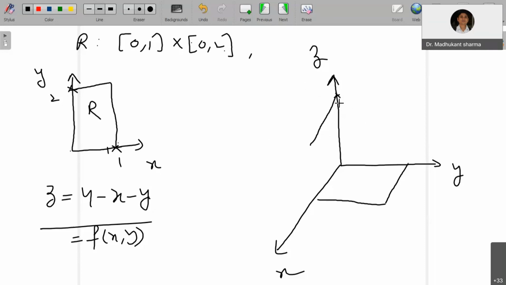So it's going to be some plane, something like that.